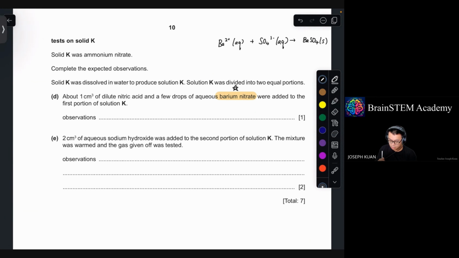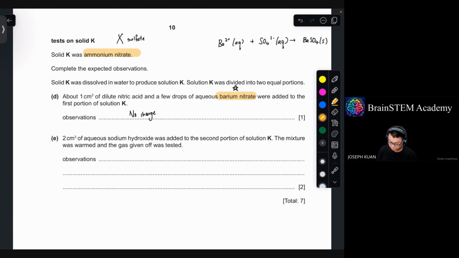Right? So this solution doesn't contain any sulfate ions. Hence, it will be a negative test, which means there will be no change. Moving on to E. 2 cm cube of aqueous sodium hydroxide was added to the second portion of solution K. The mixture was warmed and the gas given off was tested.